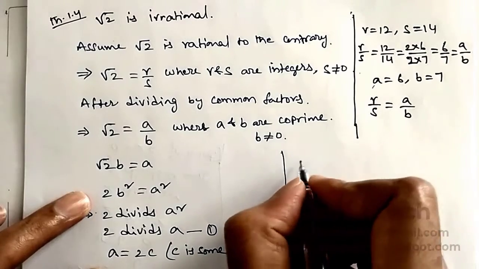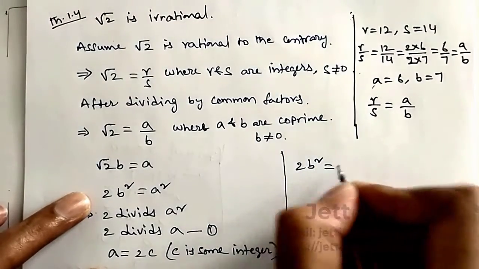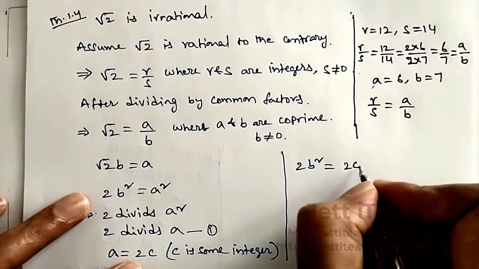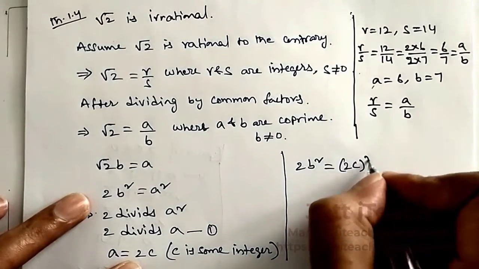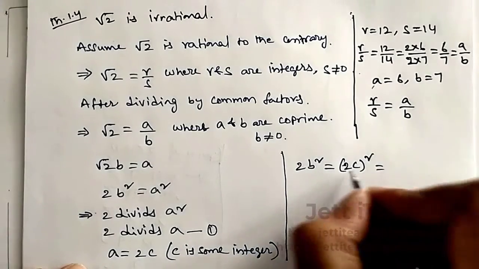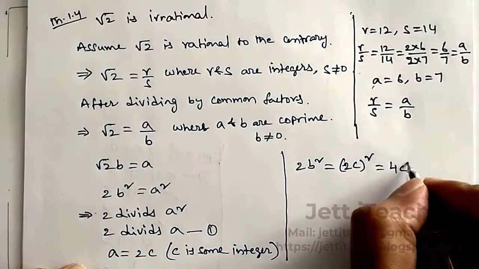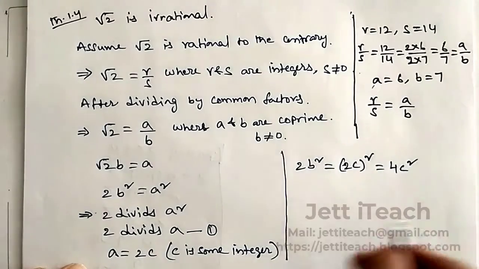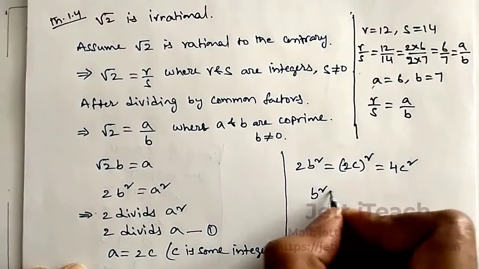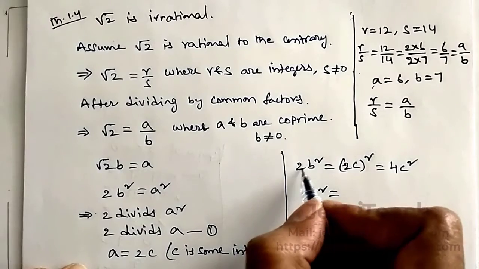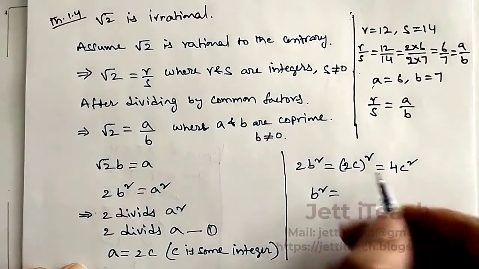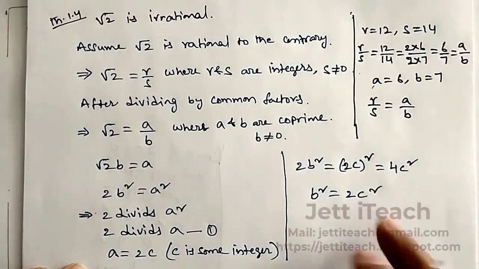Write 2b square equal to a square. a means 2c, you can write 2c whole square. Now 2c whole square means 4c square. Now b square equal to, so 4 can be divided by 2, you will get 2c square.